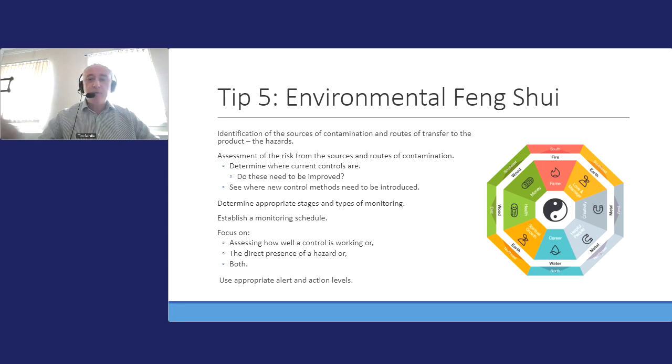So HACCP is one of the risk tools listed in ICH Q9, and it was one of the tools that the pharmaceutical world has adopted from the food sector. HACCP is Hazard Analysis Critical Control Points, and this involves using process flow approaches to identify potential sources of contamination and routes of transfer, particularly areas where contamination could be directed towards the product or product contact surfaces.